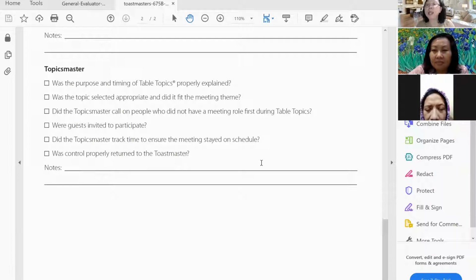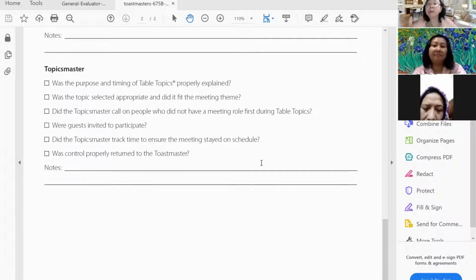Toastmasters before or not, first, it's better for you to call someone who is familiar with table topics. So if you call on guests, they have something to look up to. They have an example of how to do it.